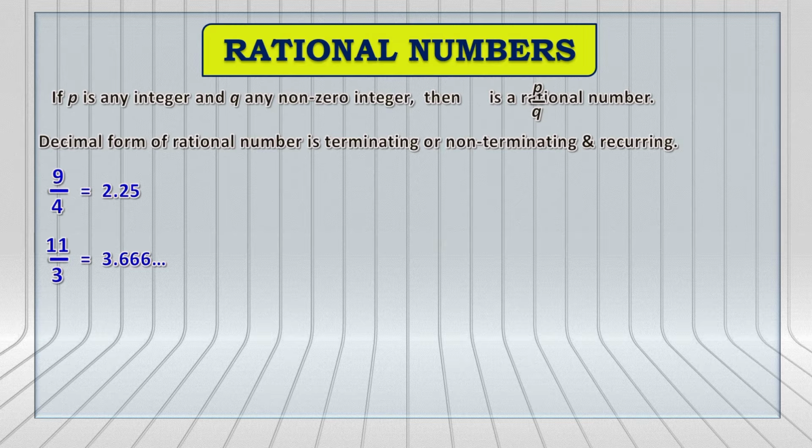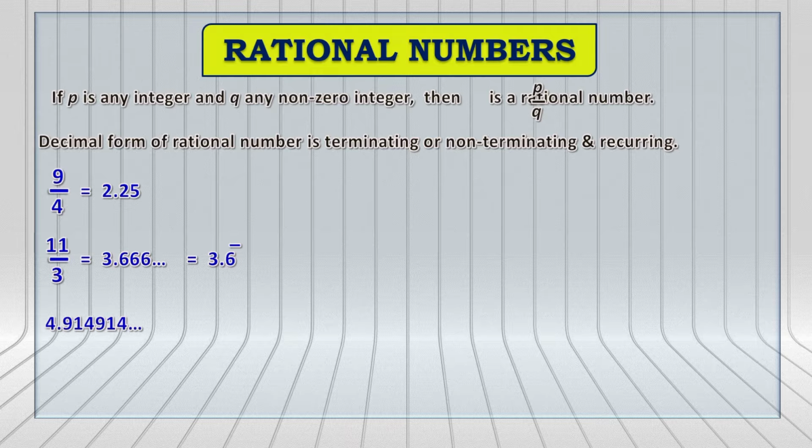So the decimal form of a rational number can be terminating or non-terminating and recurring. Normally, whenever we have a non-terminating recurring number, we put a bar on top of the recurring digits. So 3.666 we can represent as 3.6 bar.